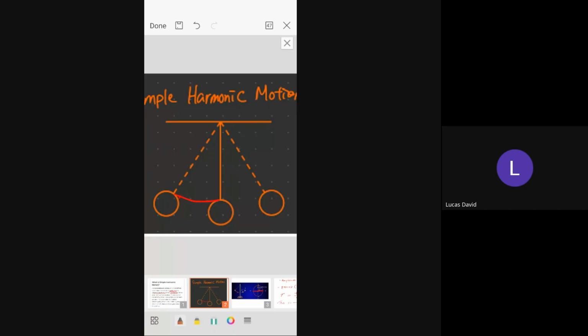The speed here is different from the speed here. At this point the speed is zero, which is why the object stops and then falls back again. At this point, the speed is maximum. At this point, the speed is also zero. As the body is going up, the speed is reducing. As it's falling down, it increases, and at this point it becomes maximum. Then it reduces again and comes to zero.